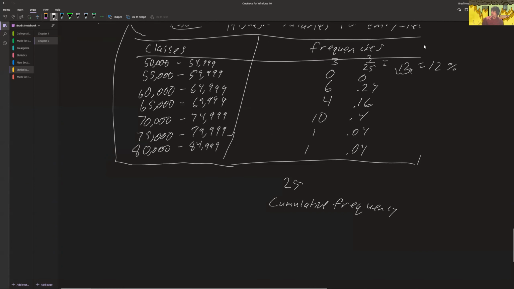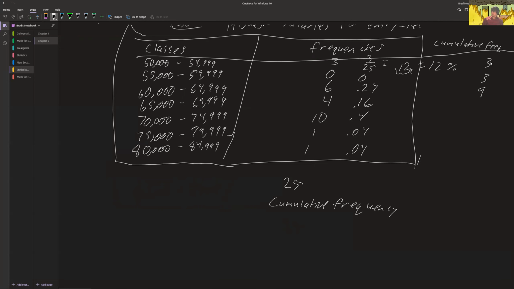So if I am talking about the cumulative frequency of this class here, it is 3 because there are 3 here and a total of 3 up to this point. For here, still 3. Then my next one here is 9. Okay, so my cumulative frequency is simply adding this up.